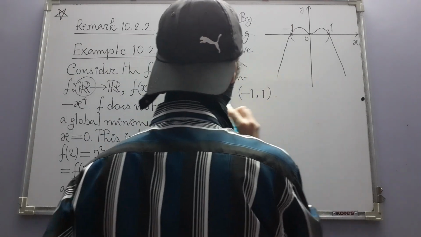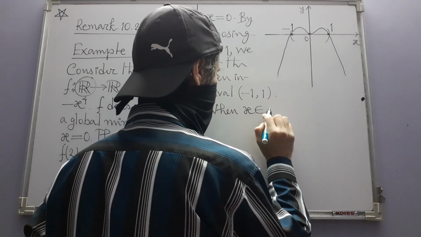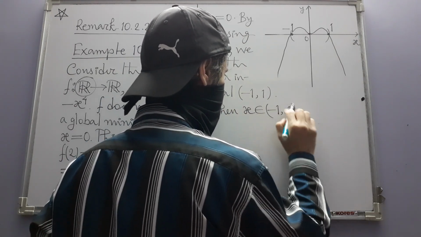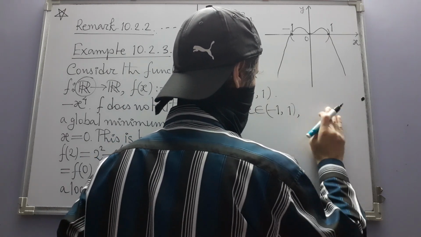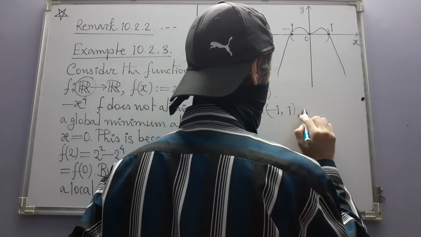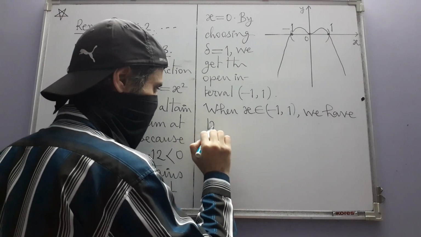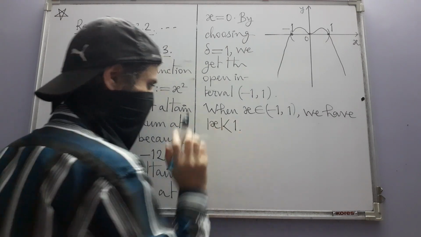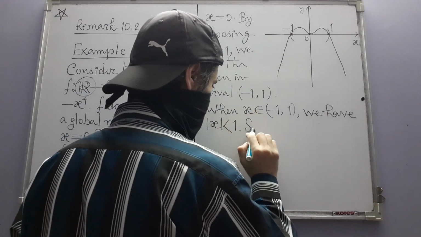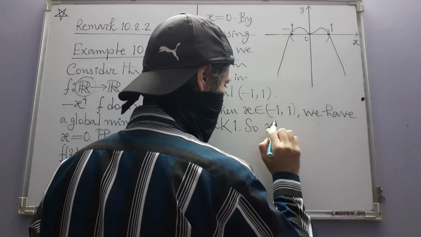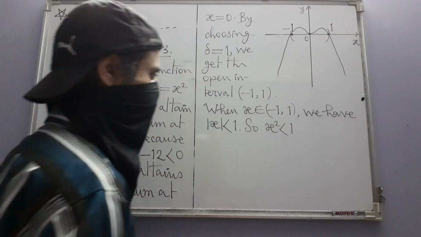Okay, now when x belongs to this region, we have this, okay, the absolute value of x is less than 1. So if you take square on both sides, you get x square less than 1.